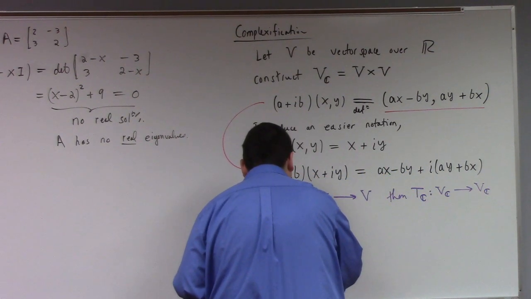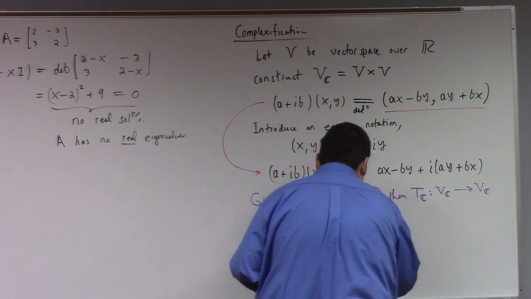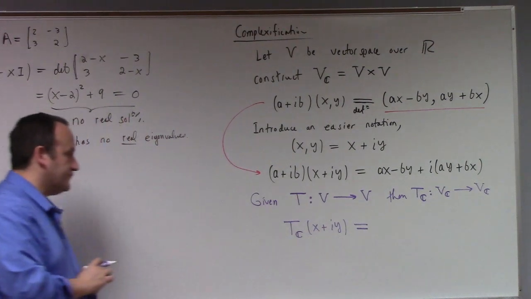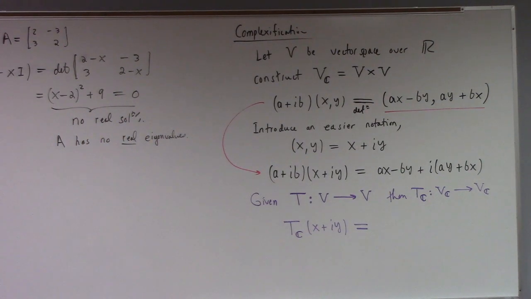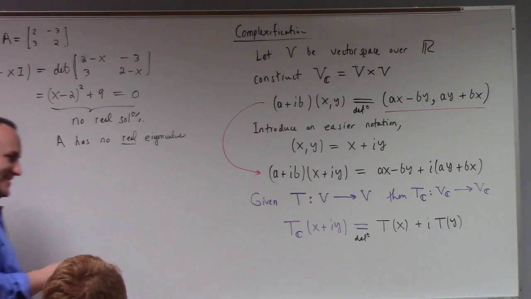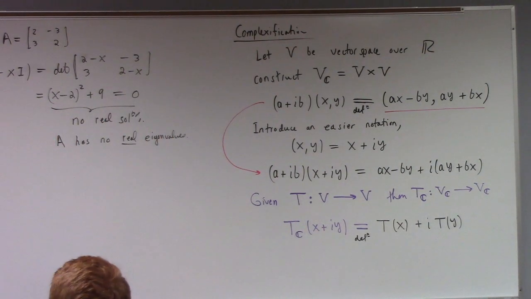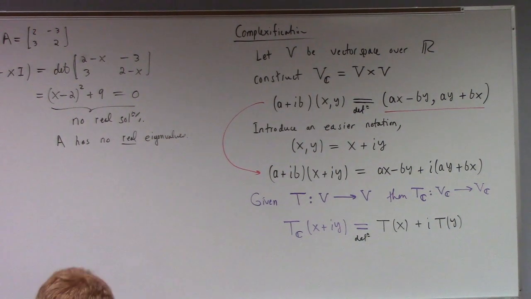T sub C of x plus iy is equal to, what should T sub C of x plus iy be equal to? This is the definition of complexification of a linear operator. So it is a unique corresponding complex linear operator that acts on the complexification.